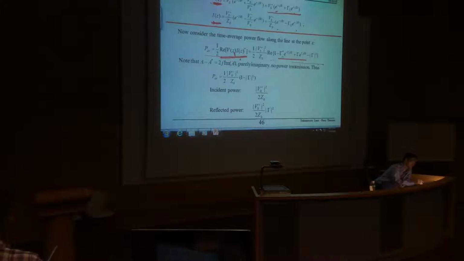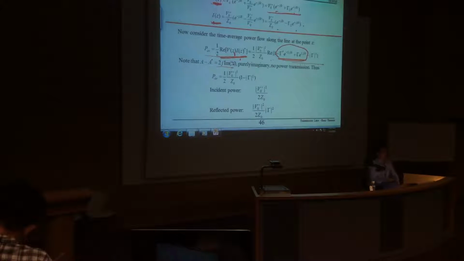Actually this term is always an imaginary number. For instance, this complex number minus its conjugate is imaginary. So the real part means this can be dropped. Turns out average power is equal to this, the average power along the transmission line.